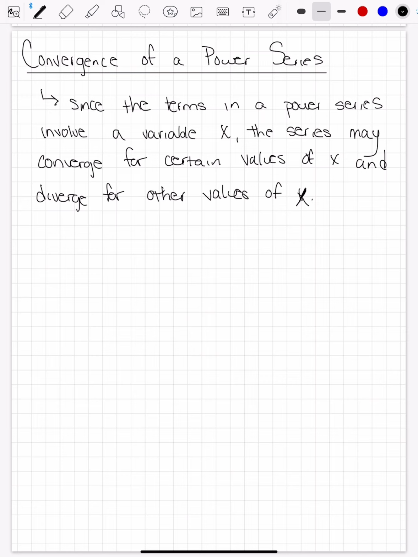So I guess we can call this a theorem. This is a fact, a rule that we obey. So consider the power series. Most generically, our power series is a power series centered at A, because remember, we can make A be 0 or we can make it be something else.